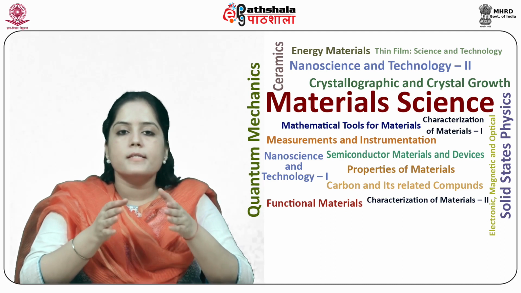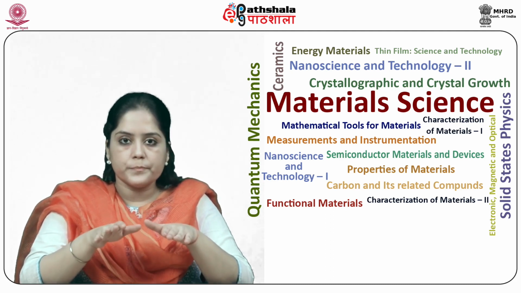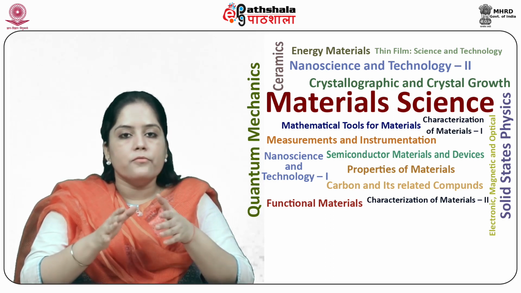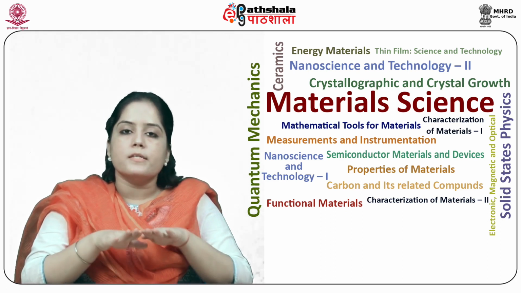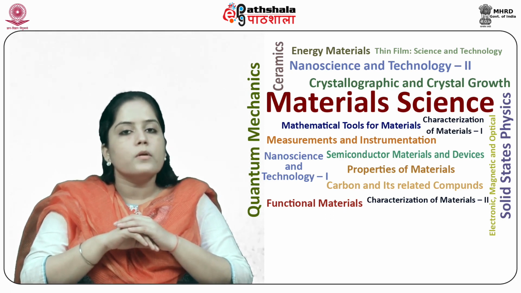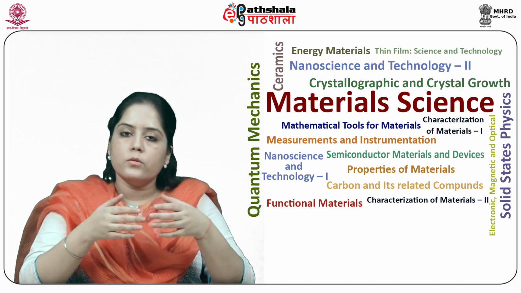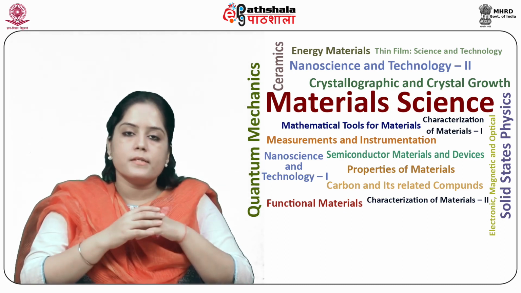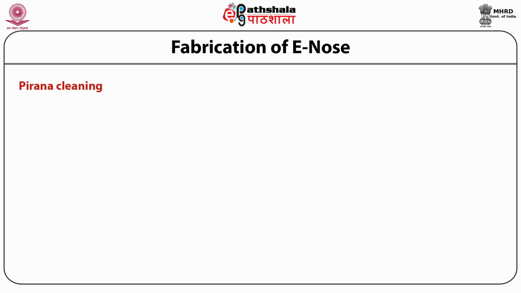This chemical sequence does not chemically react and attack the silicon. In fact, it removes the contamination that resides on the wafer surface. So cleaning of silicon wafer is carried out using the sequential process, which will be discussed in the later slides. Piranha Cleaning.